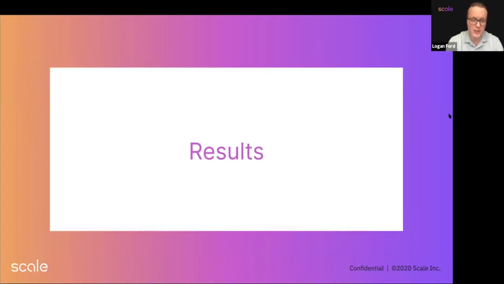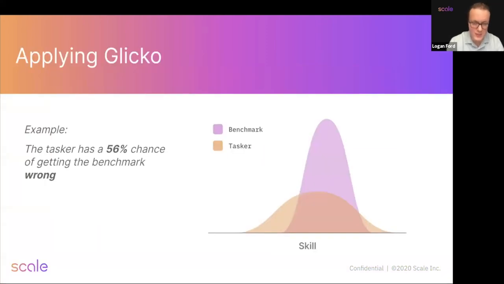And so just to talk, I guess, going back for one second, another key point here is that benchmarks are taken by potentially thousands of taskers, whereas taskers are only going to take so many benchmarks. So one property that you end up having is that your benchmarks are much more narrow than the tasker distributions.